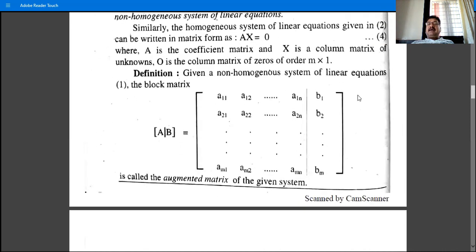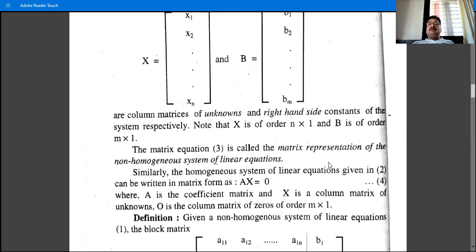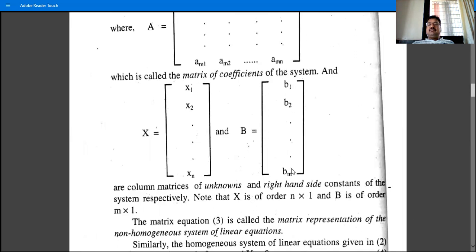And the combined matrix of A and B we denote as the augmented matrix. This is the augmented matrix of the given system, the combination of A and B. So this is A11, A12, A1n, A21, A22, A2n, and Am1, Am2, Amn, and this is B1, B2, Bm as the matrix of constants.